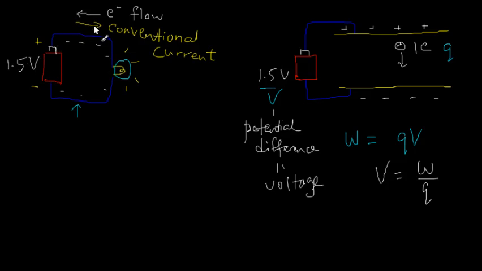Okay, so if it's pushing electric charges through the light bulb, it must somehow be doing work. Now if I think about maybe between this point here and that point here of the circuit, so being connected to the battery directly, the potential difference between those two points would be 1.5 volts.